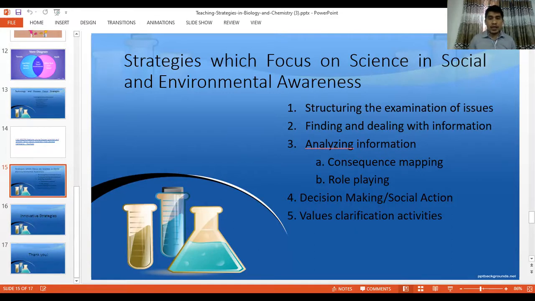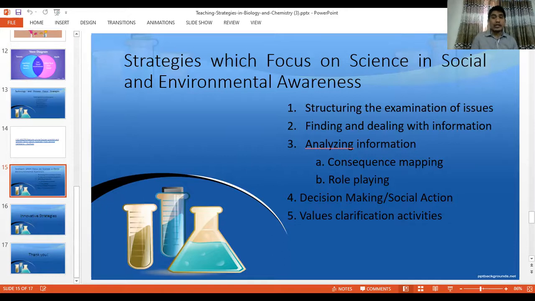The second step is to find and deal with the information that we have. We do a lot of analysis of the information together with our students. In analyzing the information, we can use consequence mapping, or we can ask the students to role play so that they can understand the issues better by putting themselves in the role of those who are experiencing the situation.